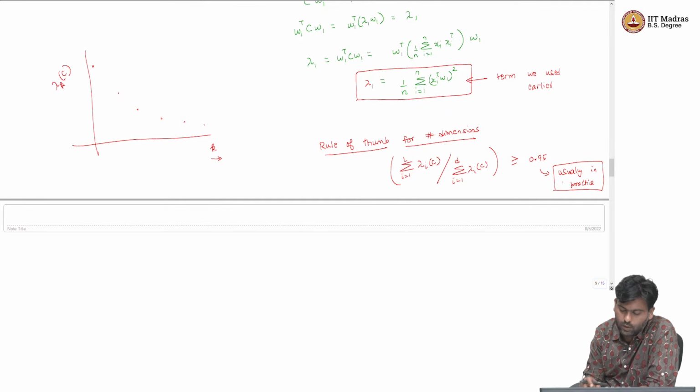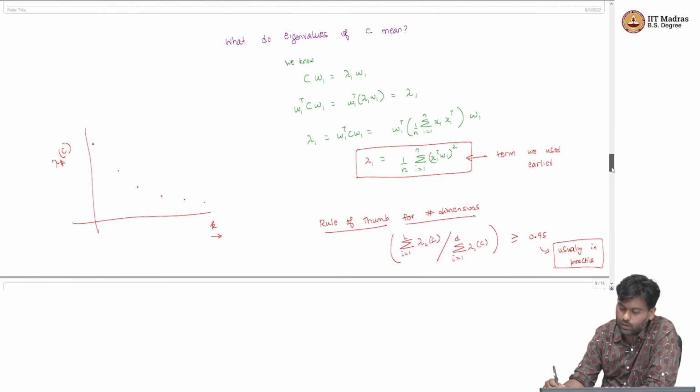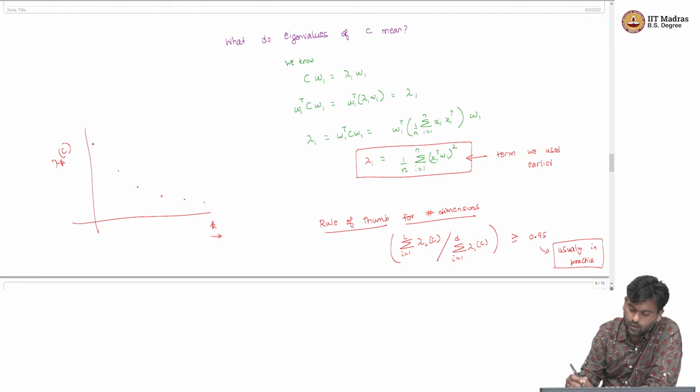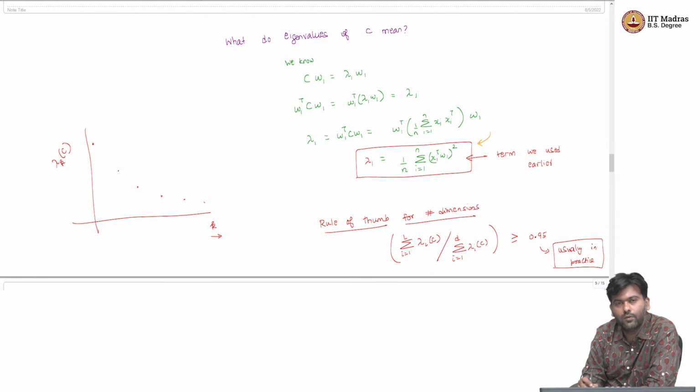Now, for this quantity to make sense, summing up the top L and dividing it by the entire thing to be greater than 0.95, all of these have to be positive values or at least non-negative values. But that is true because your lambda 1 and in general lambda k will be the sum over i equals 1 to n of (xi transpose wk) squared. So this will be just an average of a bunch of square terms, so all of this will be positive.